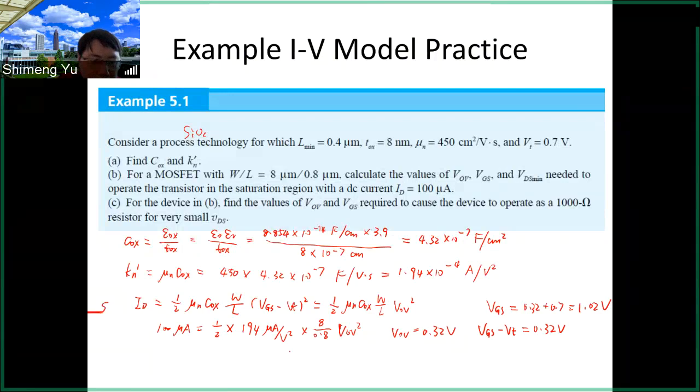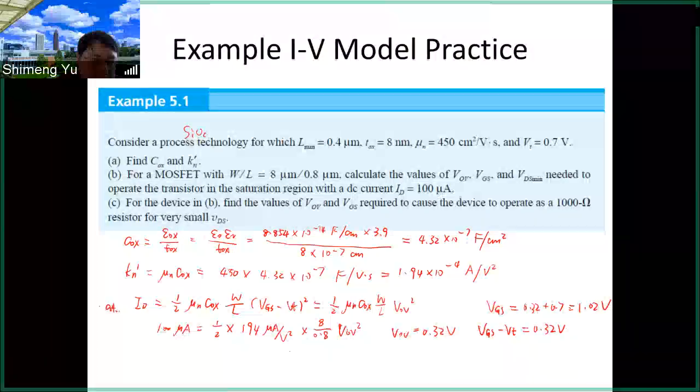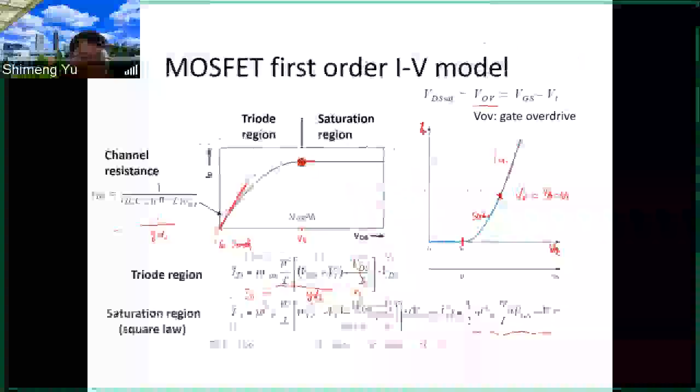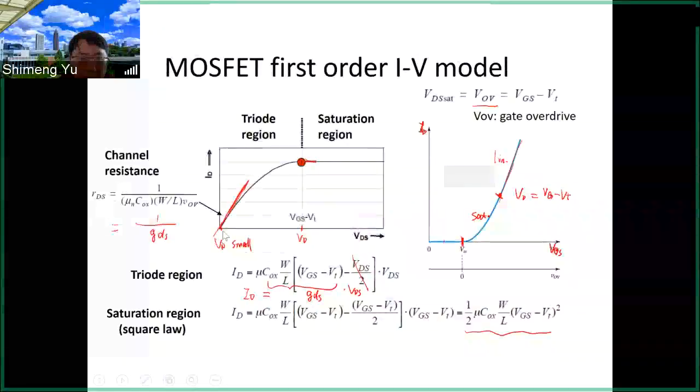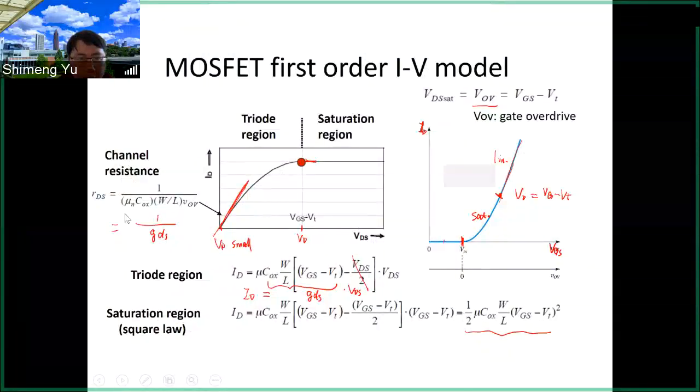The second one was in the saturation region, and the third one is in the linear region. In the linear region, if you recall, if VD is very small, then the transistor has a channel resistance of 1 over mu n COX W over L VOV.